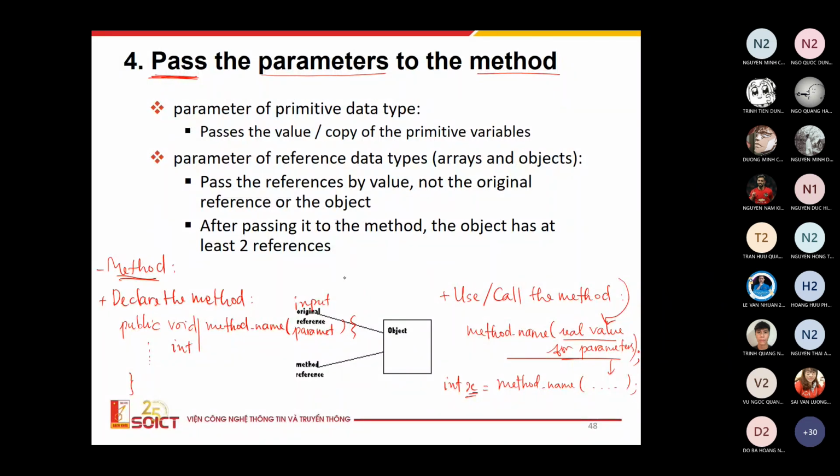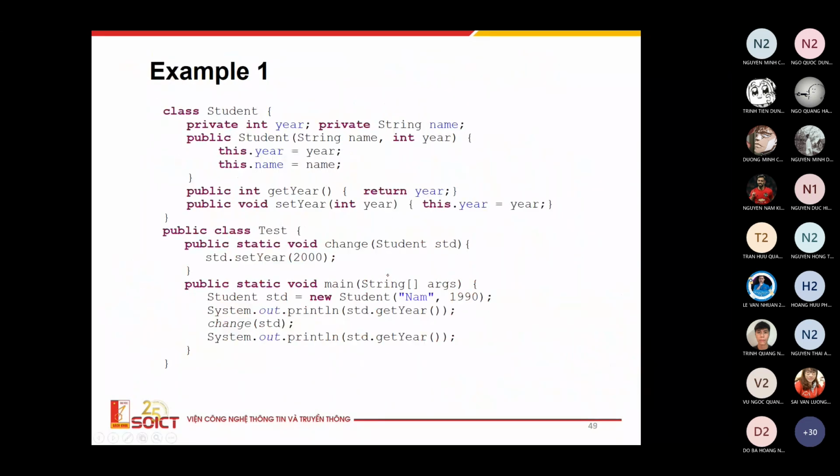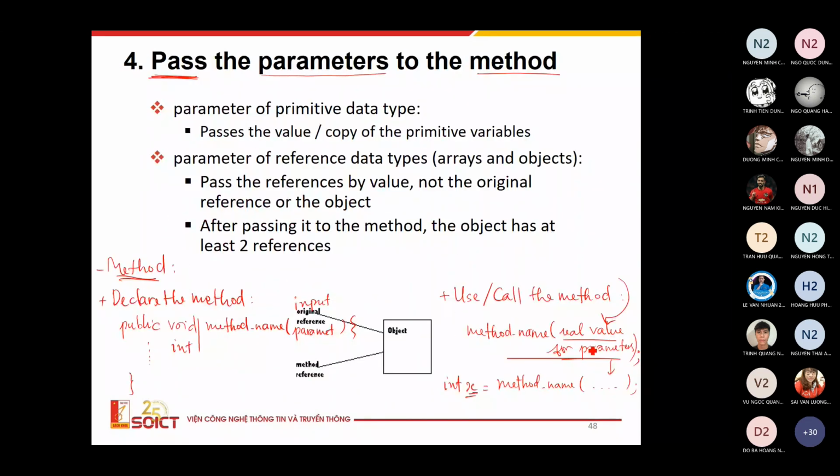So today we will learn how we can pass the real value. That means how we can consider the real value here, and we pass it to the declaration of this method.